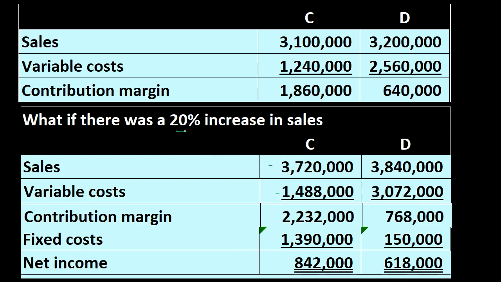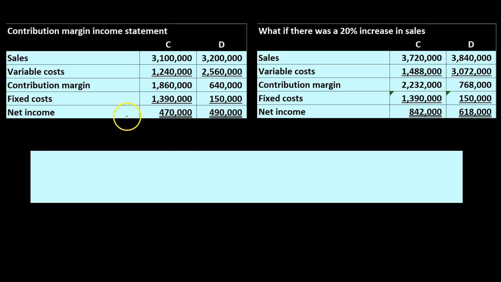So we've now calculated our change with this what-if kind of analysis. What if there's a 20% increase? The next thing we're going to want to know is, what's the change from the net income we had before, with a 20% increase in sales? What's the increase in net income in dollar amount and the percentage increase? Well, here's how we got that. Here's the contribution margin income statement before.